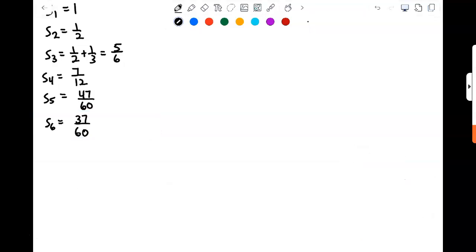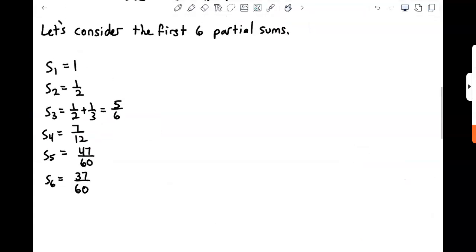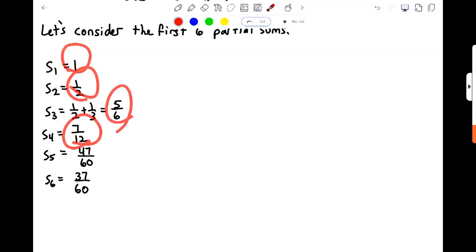So unfortunately, when we look at these all together, things are just bouncing all over the place. 1, 1/2, and 5/6, and 7/12, right?